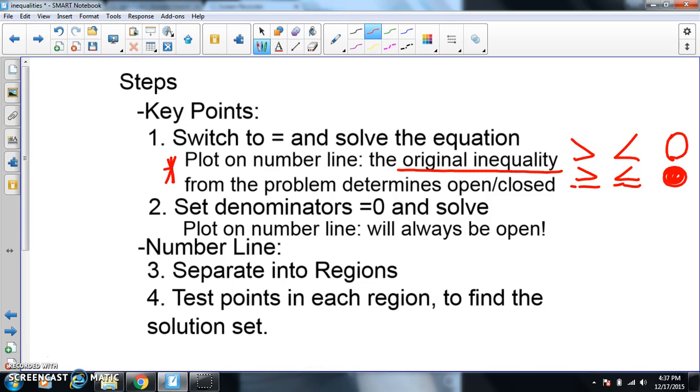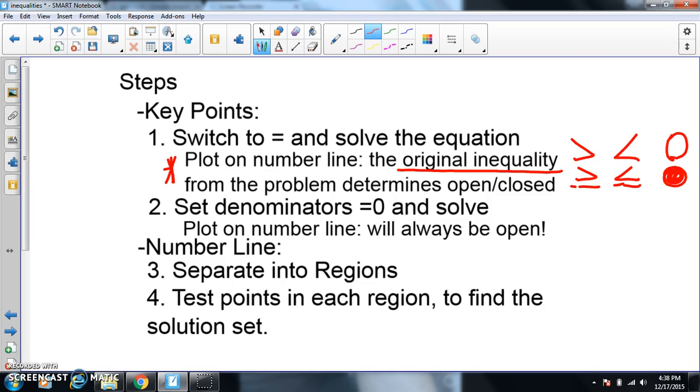Then the second part of finding our key points is to set our denominators equal to 0 and solve. We want to find the values that make our denominator 0 because we know that those extraneous solutions cannot be part of our solution set.